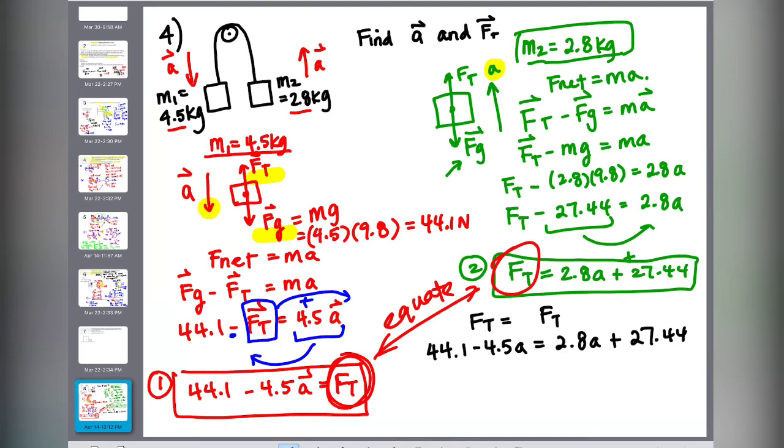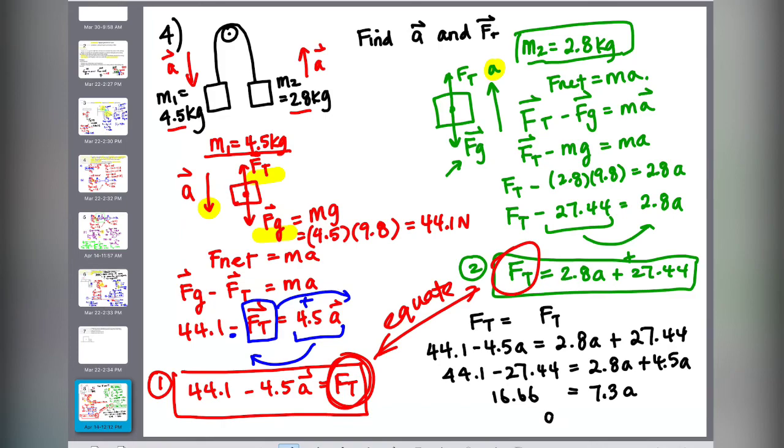Collect your like terms, bring all the A's to one side and all the numbers to the other side. So I'm going to put the numbers to the left, and I'm going to bring all the letter A to the right hand side. Collect your like terms, add them up. So 2.8 plus 4.5 is 7.3A. Then I'm going to work out what the left hand side equals.